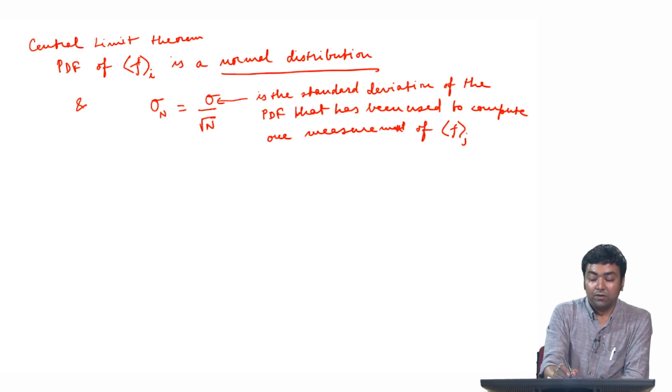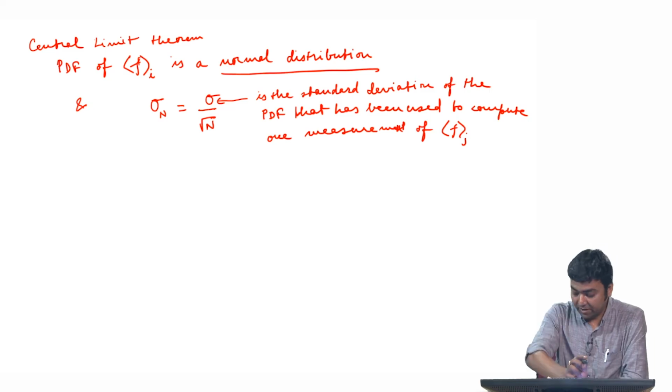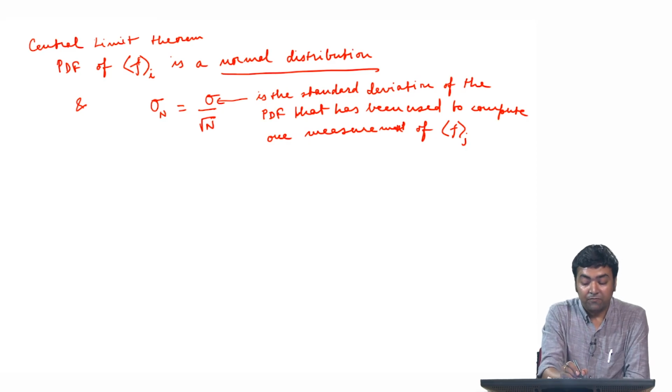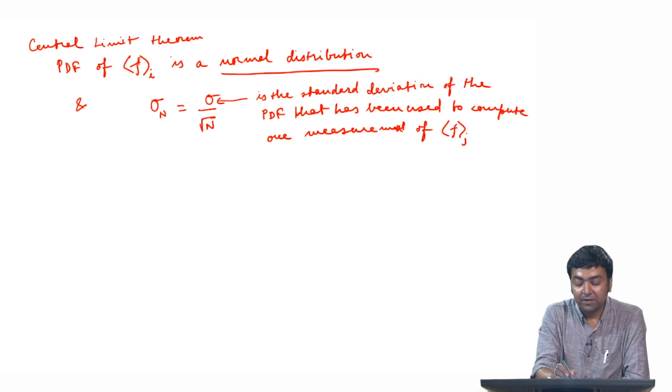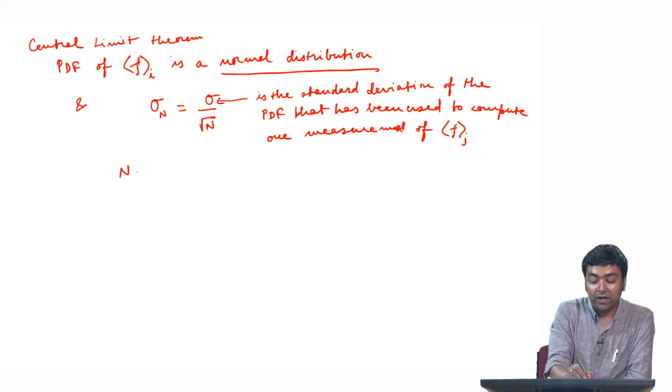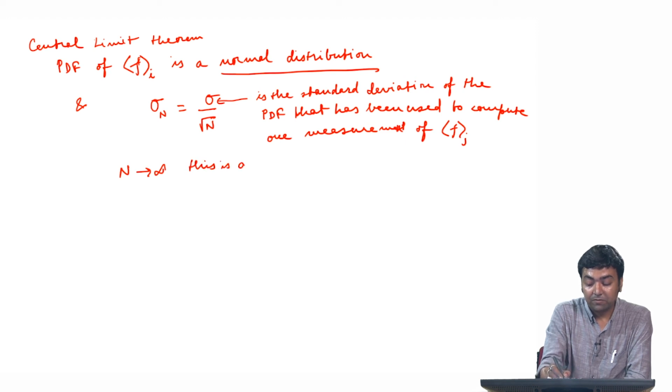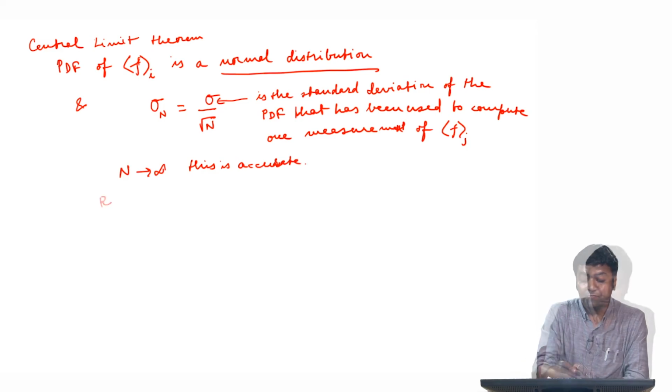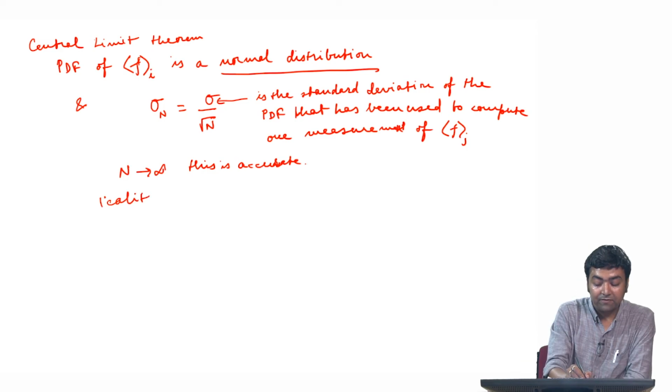In other words, if I compute the average value of the function a large number of times, my error will go down. In the limit of n tends to infinity, my estimate is accurate, but in reality n is finite.